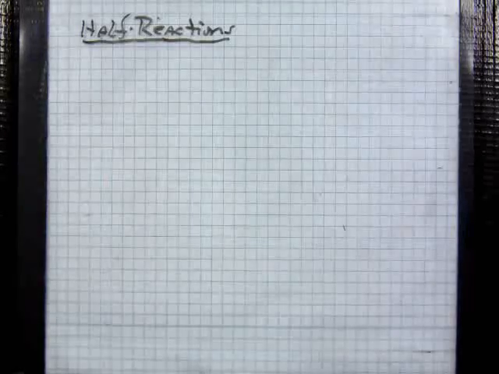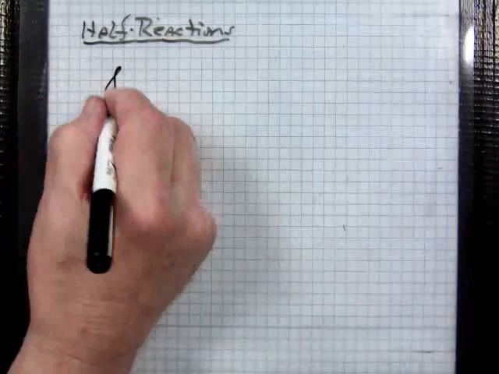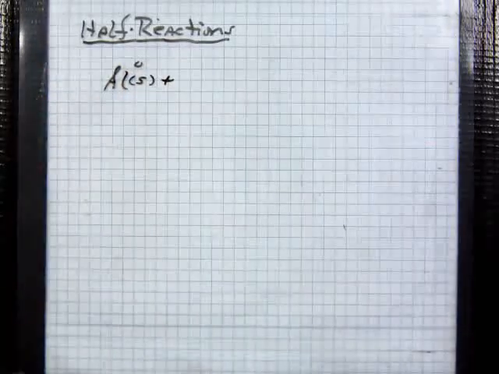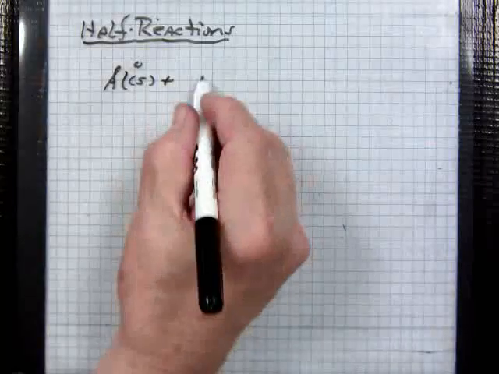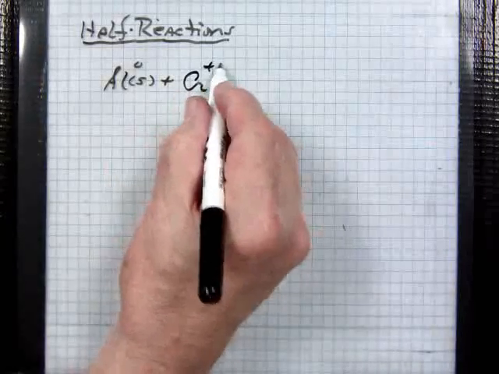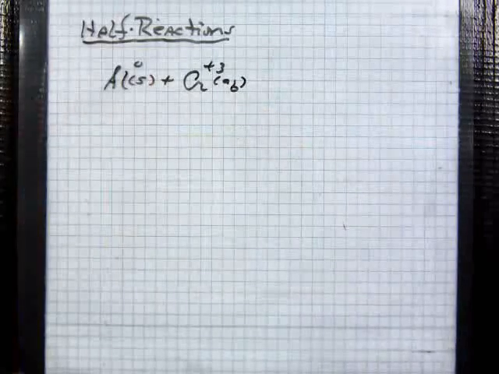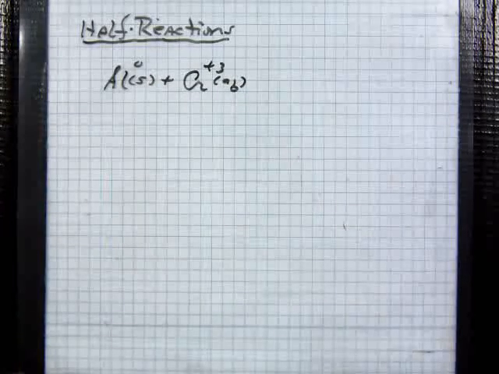Now, let's take aluminum solid plus, I don't know, I see chrome down there. Chrome plus 3, and we'll put it in aqueous form, and it has a counter ion called a spectator ion. Okay, we'll get to that.